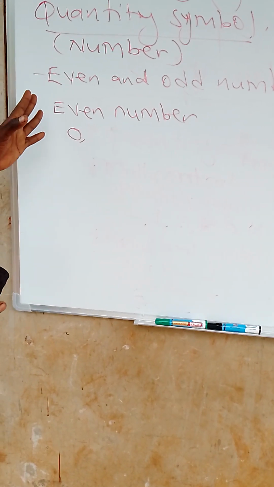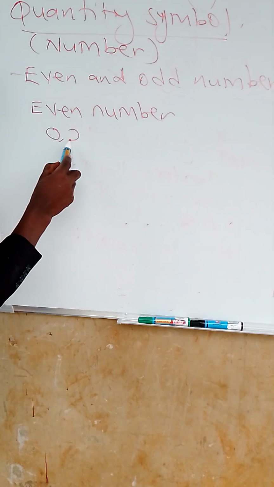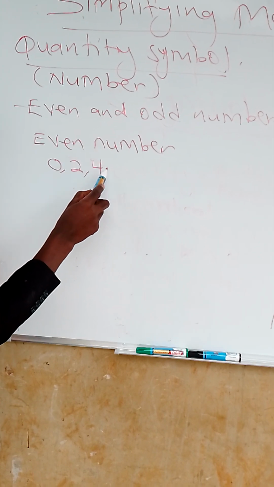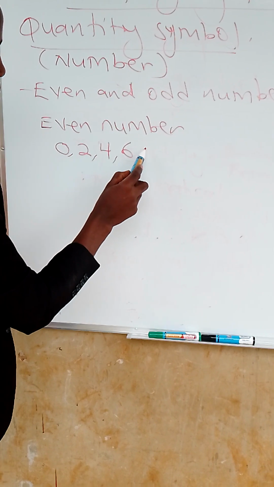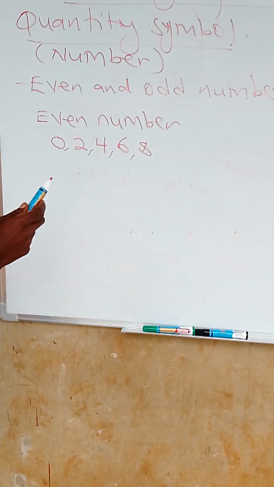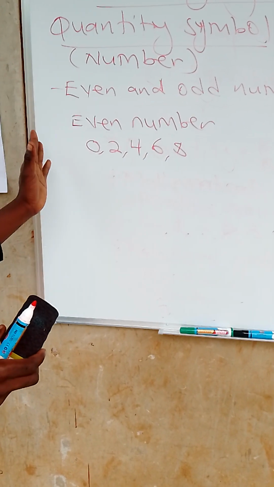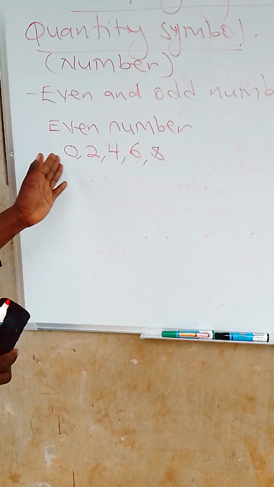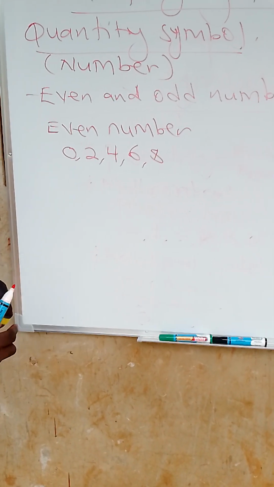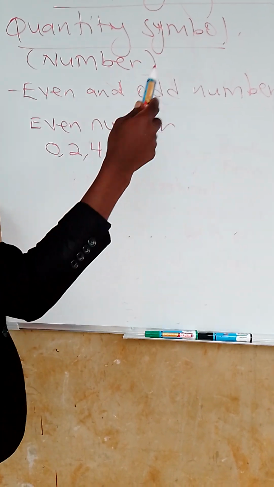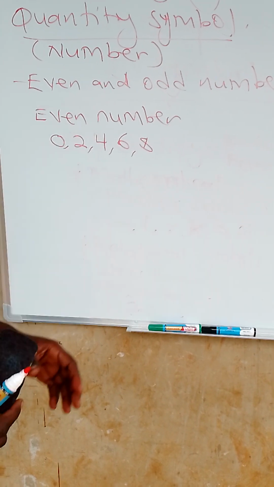Since they are determined by the factor 2, keep on adding 2: 0 plus 2, 2 plus 2, 4 plus 2, 6 plus 2. The rest come as a result of repeating these even numbers, like 12, 14.